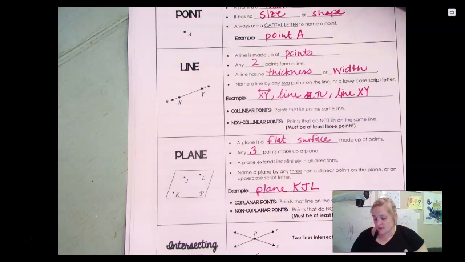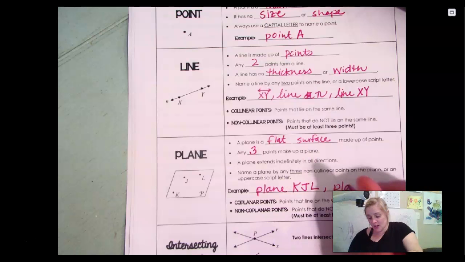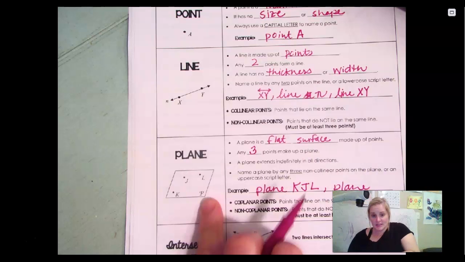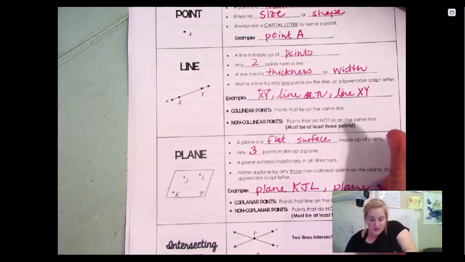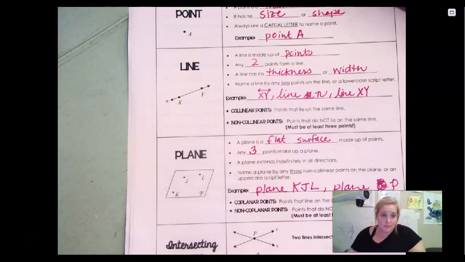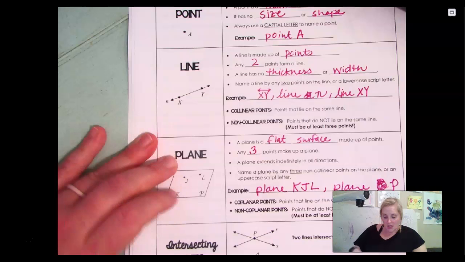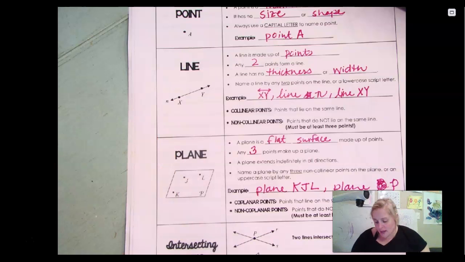Any of those, it's got to be 3. Or it could be with the script letter, which in this case is P. You can see that P down there, that's script. That's an R. Obviously, I struggle with script. So, a pretty P.